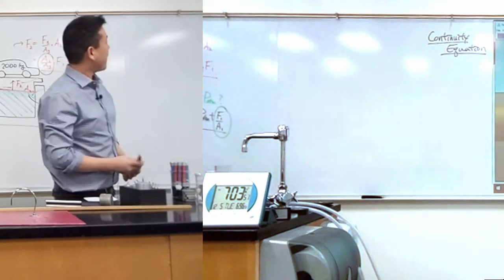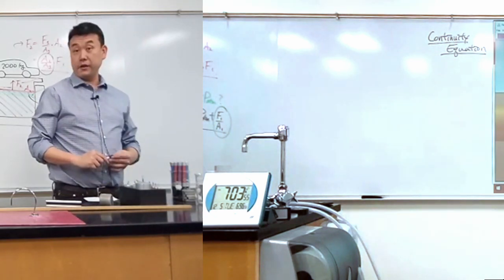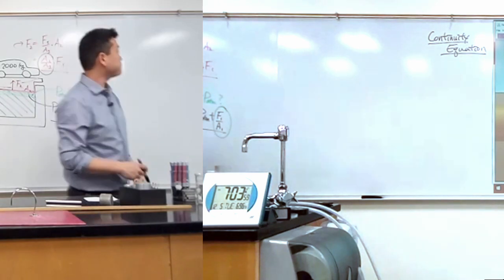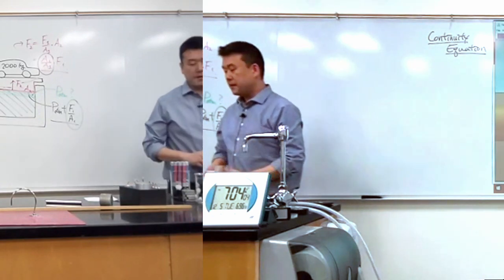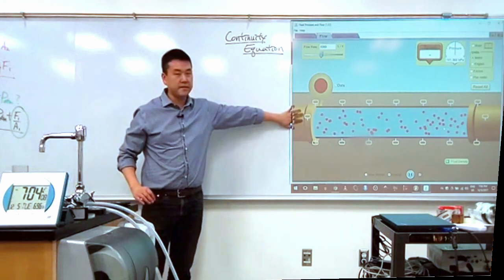One involves differential calculus, which I'm not going to use. The other looks more like an algebraic relationship, and I am going to use that. This really expresses a very simple principle that you'd figure out as you think through this demo.